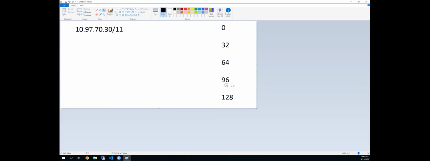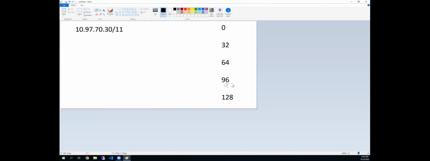We want to find the network and the broadcast based on this subnet mask, right? We know that right now we're working on the second octet. That means we're not going to deal with the third and the fourth octet when it comes to the network ID.